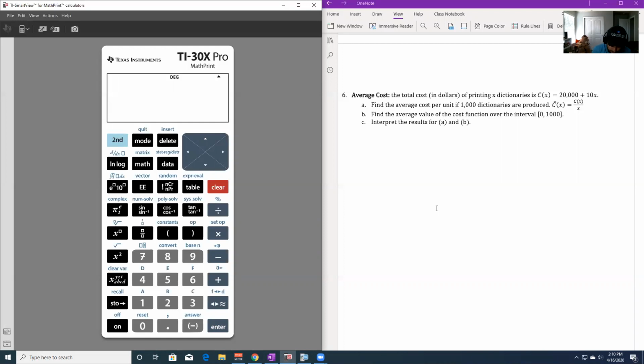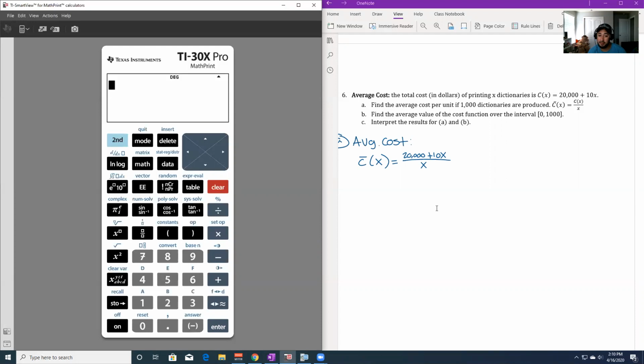Average costs. So A, we're looking for average cost. And average cost is given by C bar of X, which puts the cost function of 20,000 plus 10X over X. That's it.